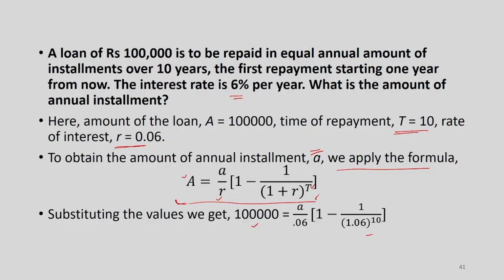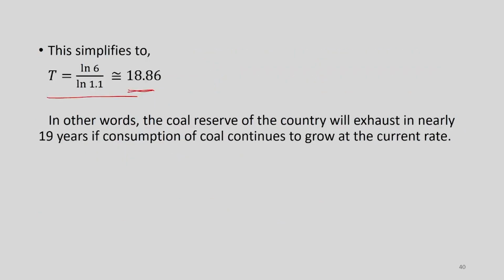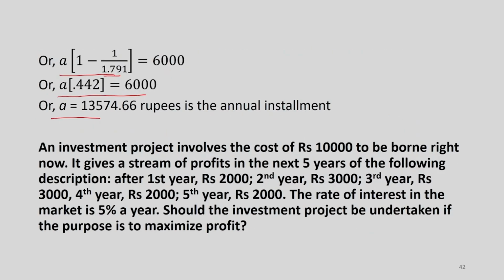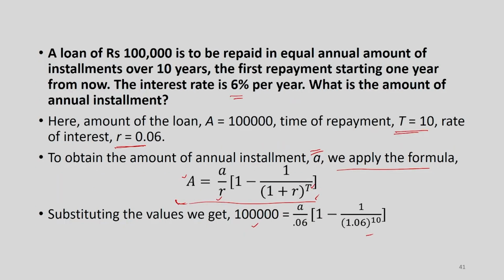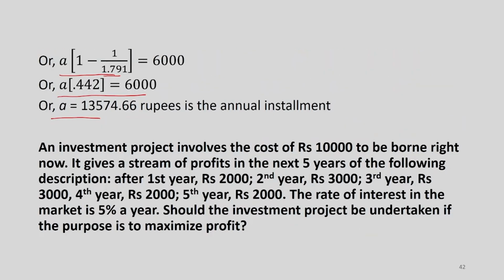Here each year he is paying about 3,500 rupees more than 10,000 rupees, and that is because he is paying the rate of interest, right? There is a 6% rate of interest. So this additional 3,574 is due to the rate of interest component.